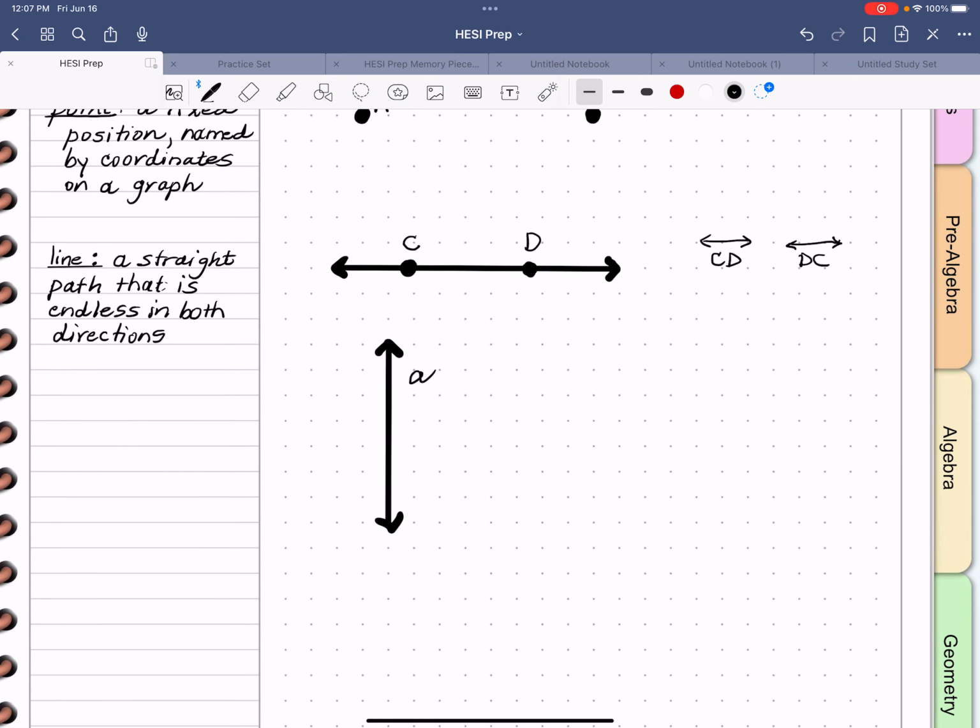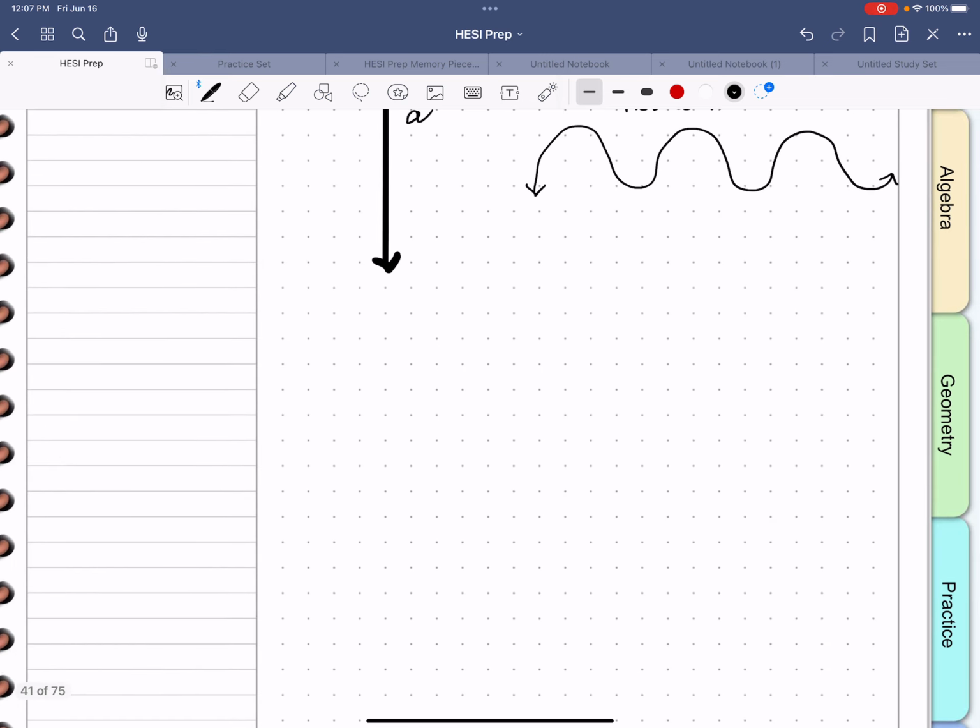It's very important to me that you know that this is not a line by geometry's definition. If you're in kindergarten, that's a line, but this is not a line by the geometric definition. Lines have to be perfectly straight.